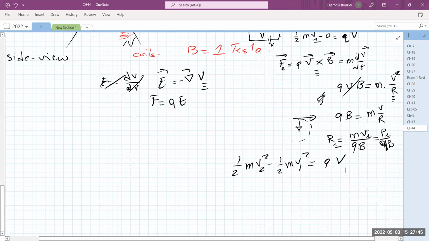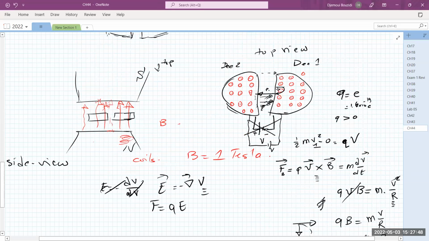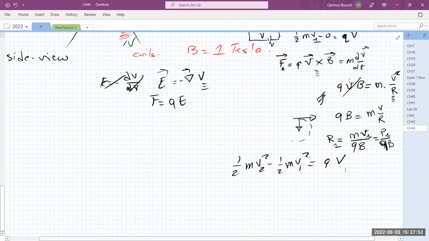So when it comes out, it's going to have a new velocity by the time it enters the second D. If I use the same math, I will find the new radius is going to be slightly bigger, because V2 is equal to the square root of V1 squared, when I divide everything by m and multiply by 2, plus this term, which is Q times 2 times V divided by m.